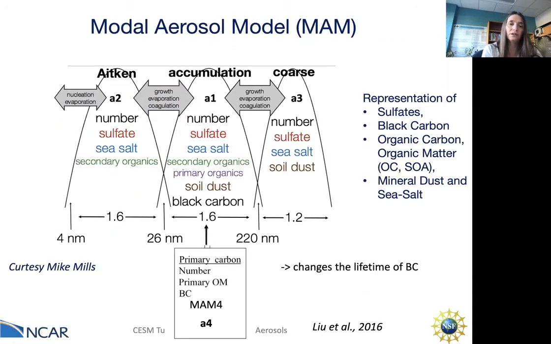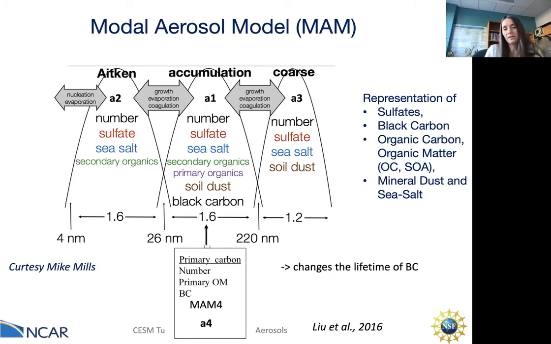What we are using as a standard aerosol model in CESM2 is the Modal Aerosol Model, called MAM. This consists of modes: the Aitken mode, accumulation mode, and coarse mode, as well as a primary carbon mode. Basically, the aerosol distribution in the atmosphere can be described by these modes.